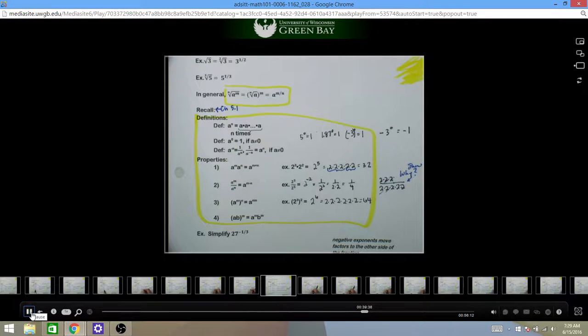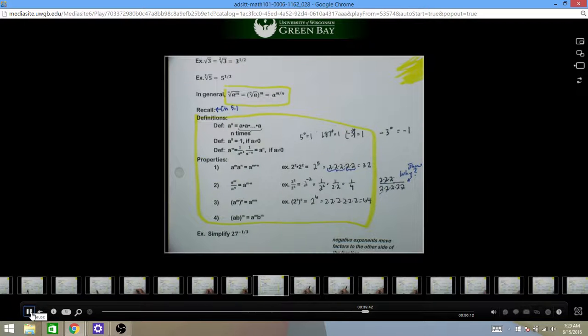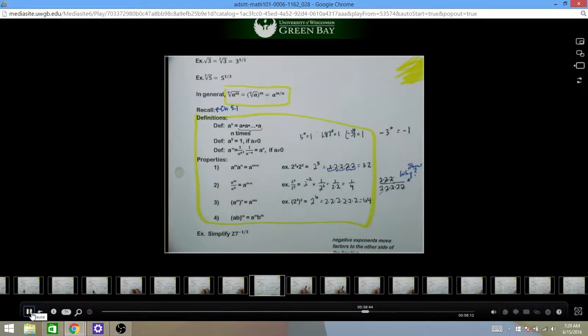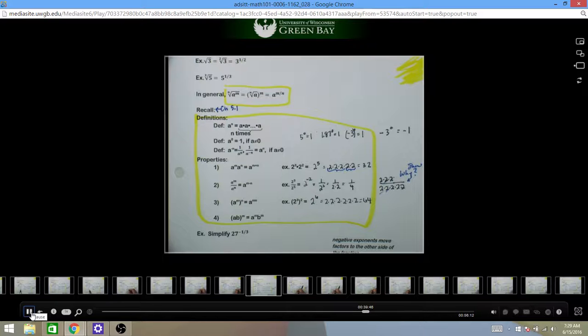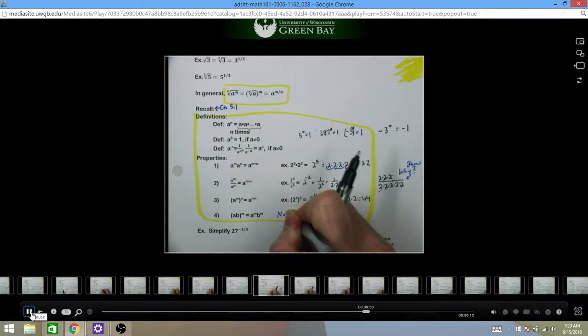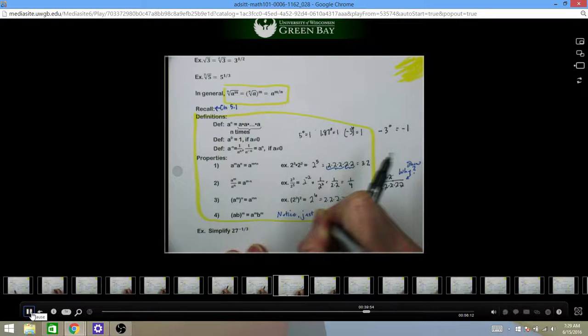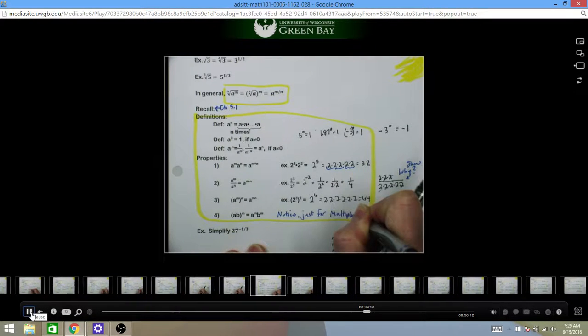And then this property 4 says that exponents outside the parentheses apply to each factor inside the parentheses. Notice this is just for multiplication. So that's A times B.